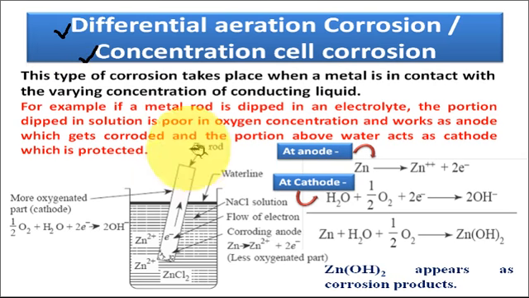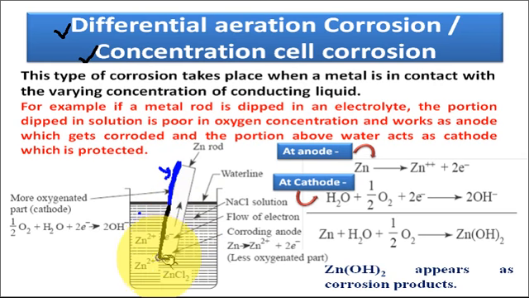We are taking here the example of differential aeration corrosion. Suppose a metal rod is dipped in an electrolyte. In the portion dipped in the electrolyte solution, the oxygen concentration is less, while the portion of the rod above the liquid is the part where oxygen or air concentration is high.